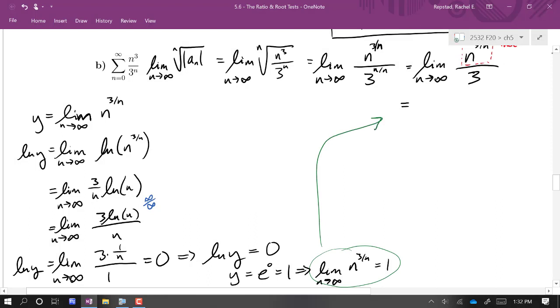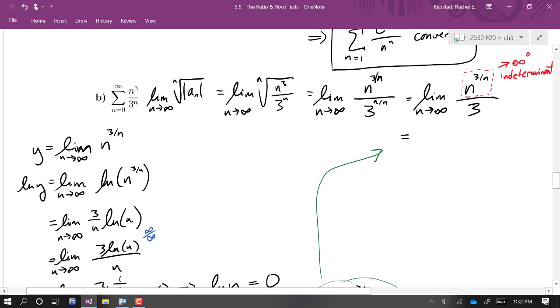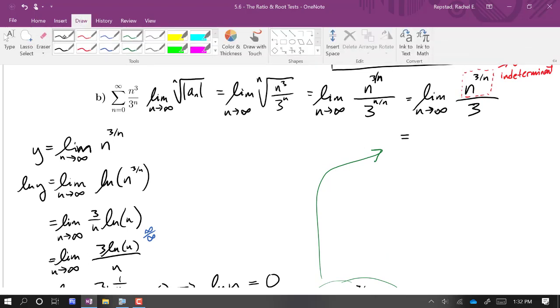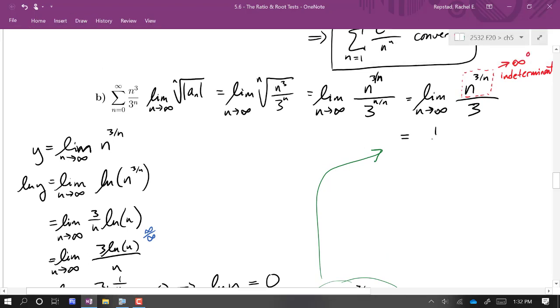So the top, the stuff in the dotted box up top, that's approaching 1. And the thing we want to observe about this result is that this is less than 1. And so that means the series converges.